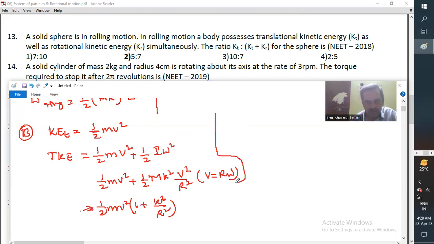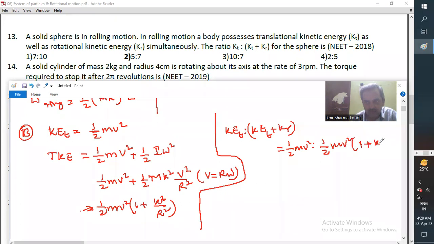As I mentioned, the rolling body is a sphere. Therefore, KE translational to total KE, that is Kt plus Kr, you can write as half mv square to half mv square times 1 plus k square by r square.